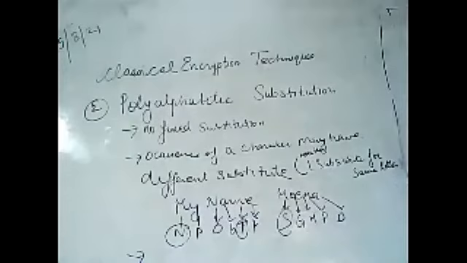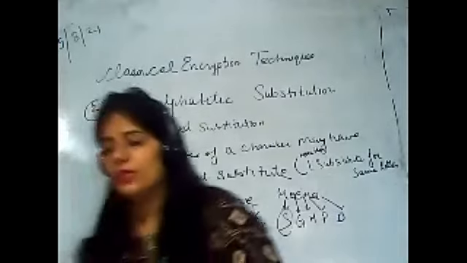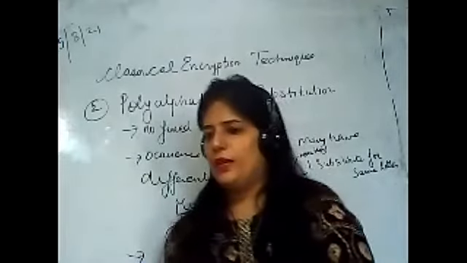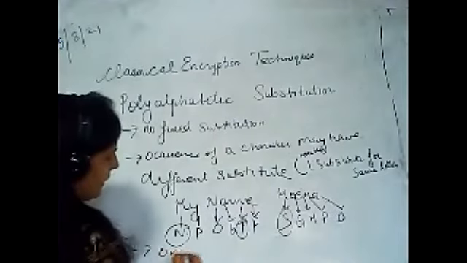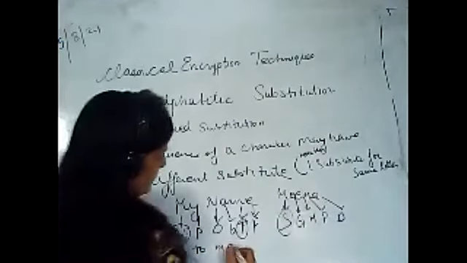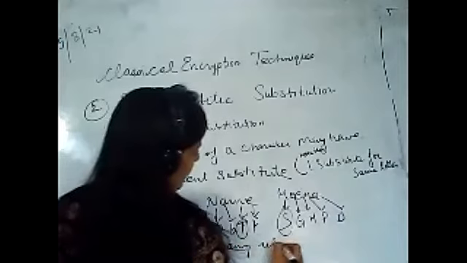So what type of relation do we have? In the previous case, the relation of a character in the plain text to the ciphertext was one-to-one. But here you can have a one-to-many relation between the plain text and the ciphertext.